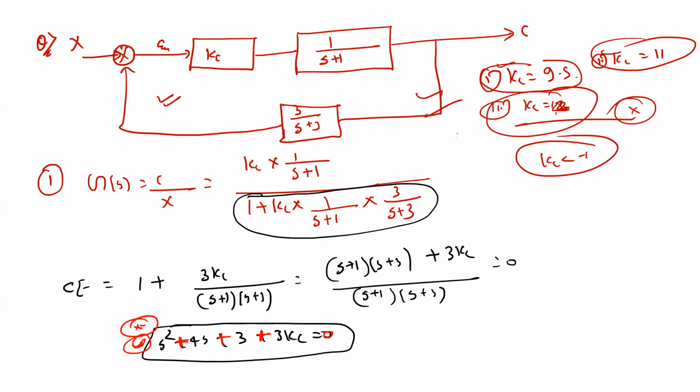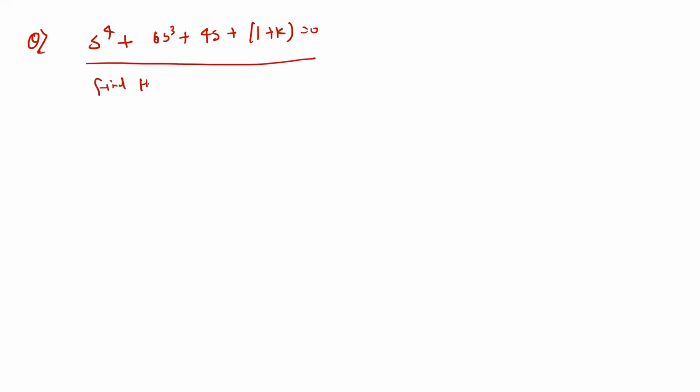If there is no doubt, then you people solve one question from here. One more question that I'm going to give you: S to the power 4 plus 6S cube plus 4S plus 1 plus K equal to 0. Now find the value of K for which the system is stable.